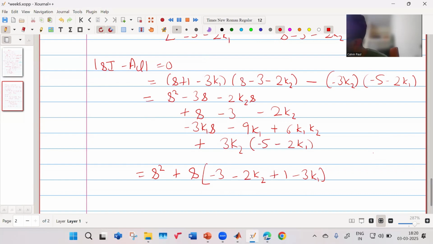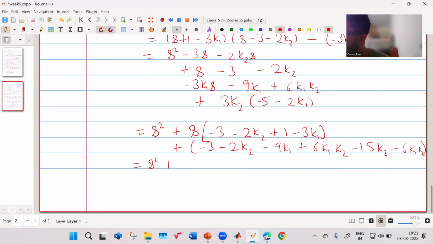And the remaining terms are the constant terms, so that is minus 3 minus 2k2 minus 9k1 plus 6k1k2 plus 3k2 into minus 5, that is minus 15k2, plus 3k2 into minus 2k1 is minus 6k1k2.